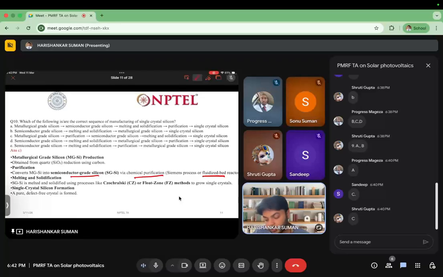Then melting and solidification: semiconductor grade silicon is melted and solidified using processes like Czochralski and float zone methods to grow single crystal. Single crystal silicon formation, a pure defect-free crystal is obtained. That's why its cost is too high. Need a lot of purification to make the single crystal.